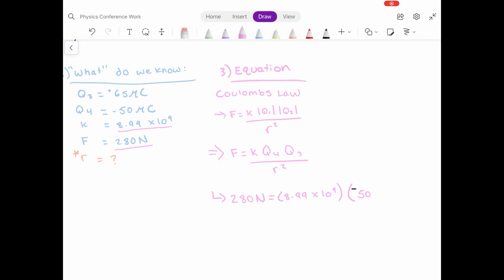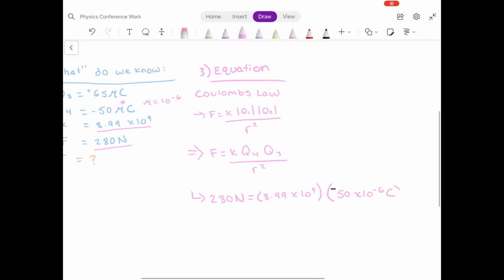And as we remember, a micro can be written as 10 to the negative 6. So this can be rewritten as 50 times 10 to the negative 6 coulombs.